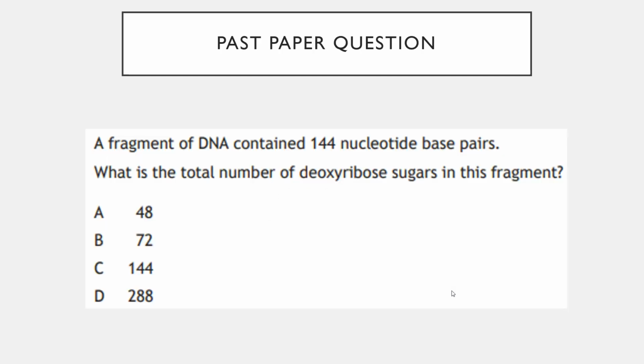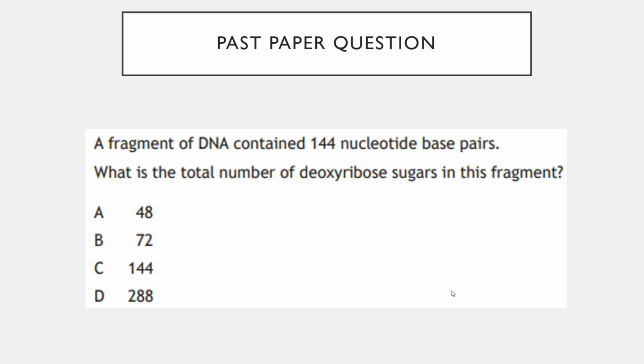So let's try our past paper questions, thinking specifically about the structure. In this question, we're told a fragment of DNA contained 144 nucleotide base pairs. What is the total number of deoxyribose sugars in this fragment?